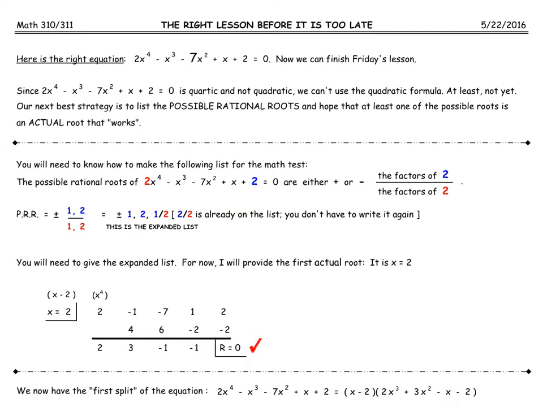Then, as you know, we bring down the first number, multiply, record the answer, and add. Then we multiply a second time, record that answer and add, multiply a third time, record that answer and add, and finally we get to the remainder of 0, which I checked off because that confirmed that x equals 2 is a root and x minus 2 is a factor.